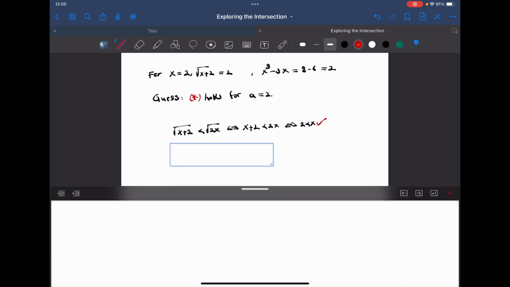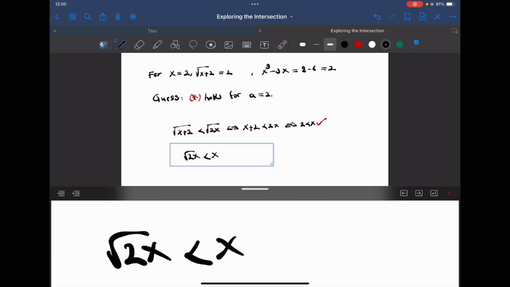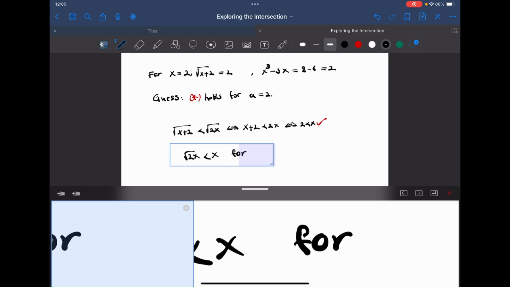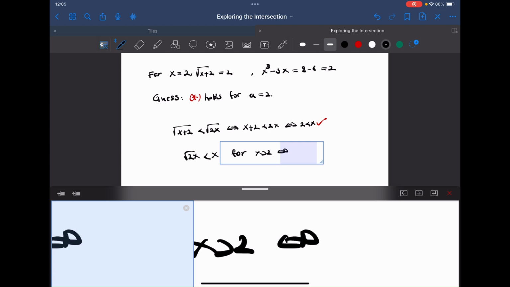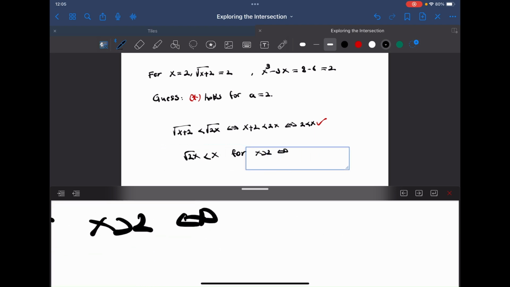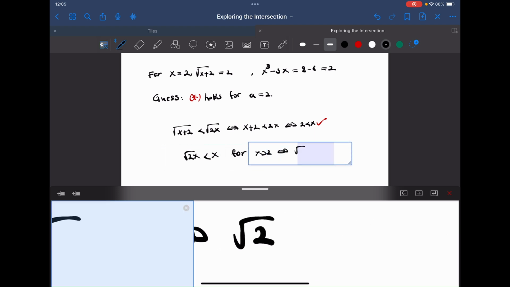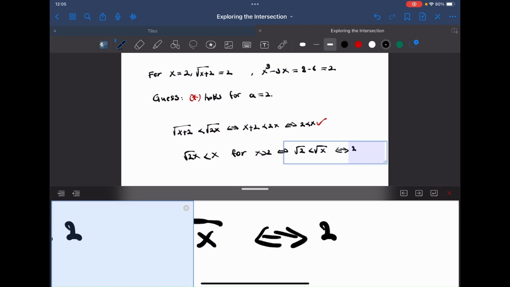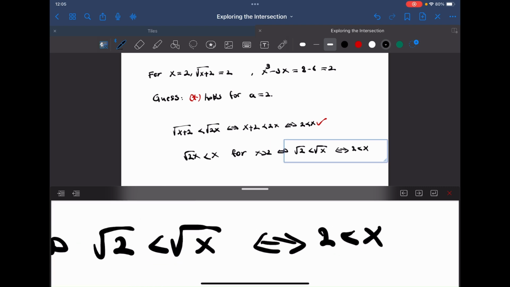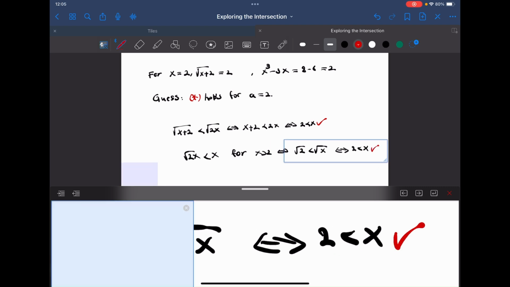I can say that root of 2x is less than x for x larger than 2. And the reason this is true is because this inequality holds if and only if root 2 is less than root x, and this is true if and only if 2 is less than x. And this is also true.